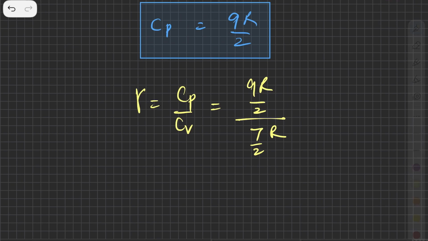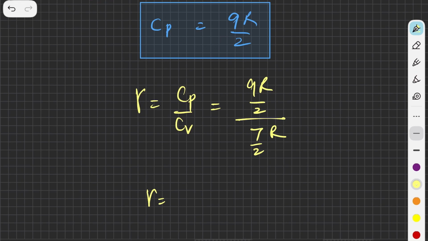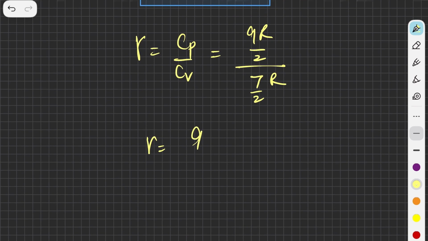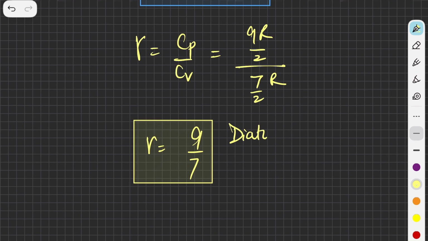What remains is gamma equal to 9 by 7, and this is the specific heat ratio for a diatomic gas, which is a non-rigid rotator.